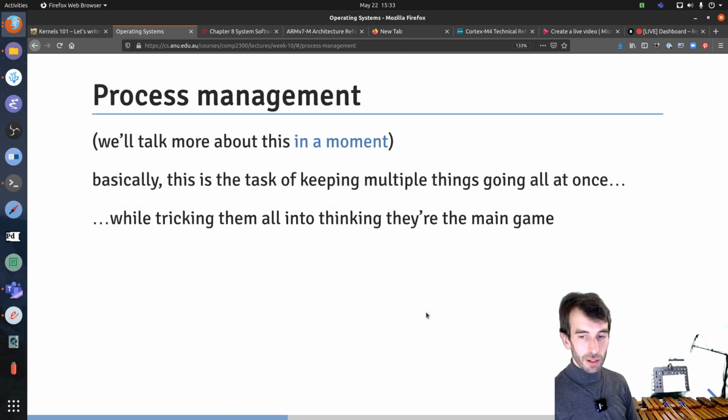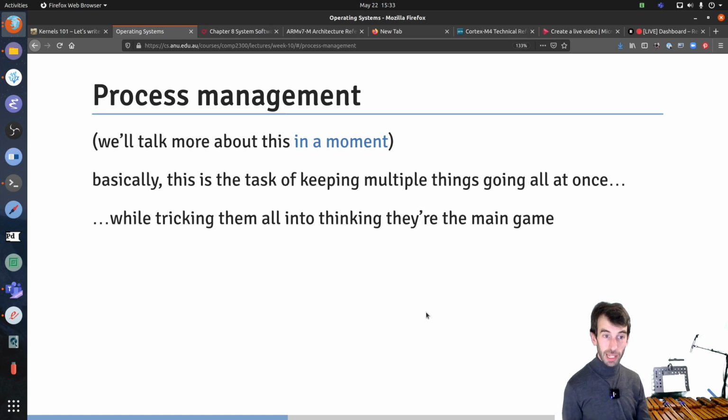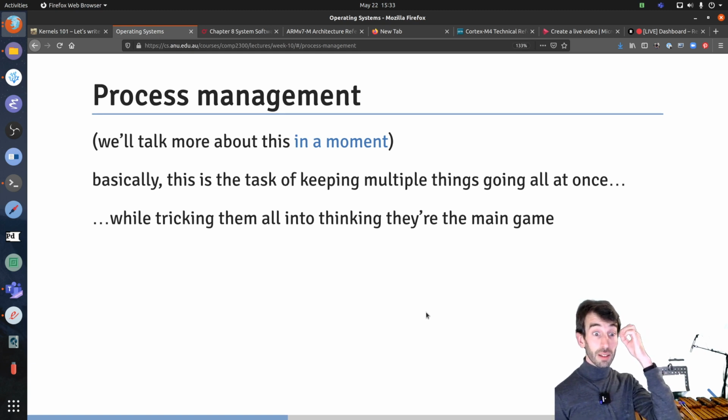We're going to talk about process management somewhat later, but the idea is that your computer needs to keep multiple things going at once. So when you write a program for Linux or Mac OS or Windows, you're defining something which will exist as just one process on a computer, and there'll be many other things going on at the same time.